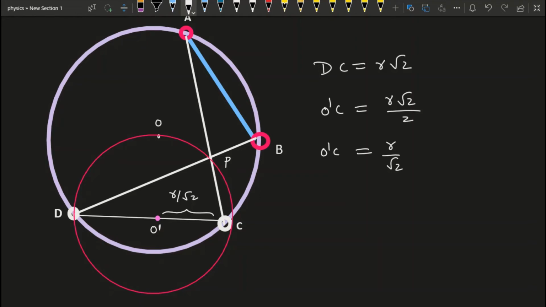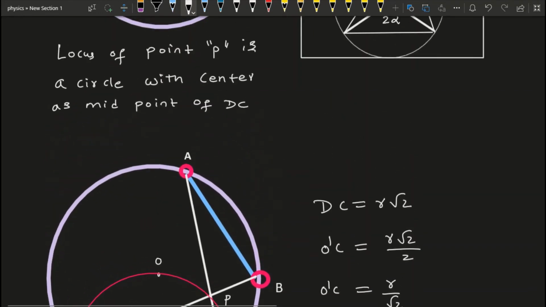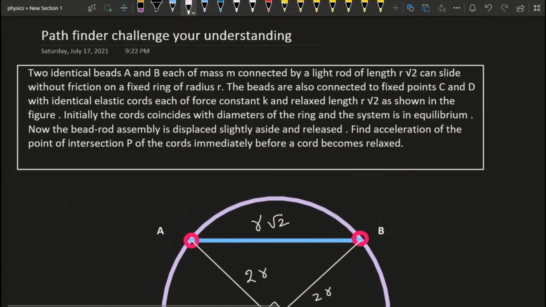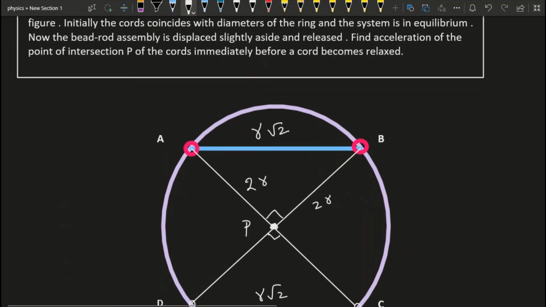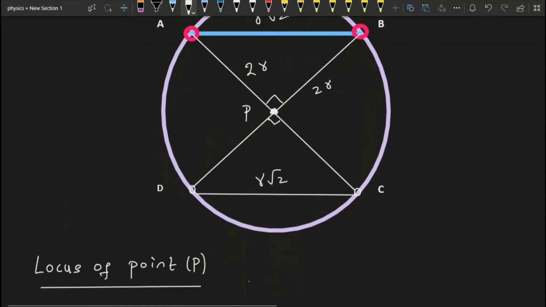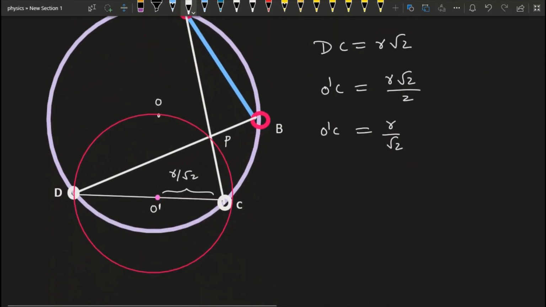Okay. So now let us enter into the next part of the problem. So we have found that whenever the rod AB is moving, when the beads are sliding on the ring, the point P traces a circular path. The point P will also move on a circular path of radius r by root 2.